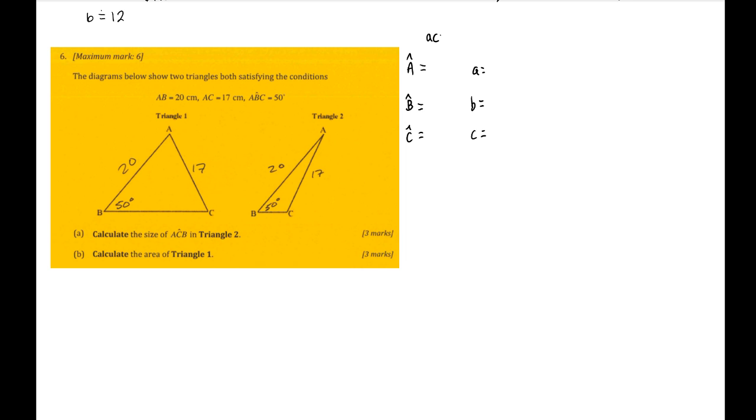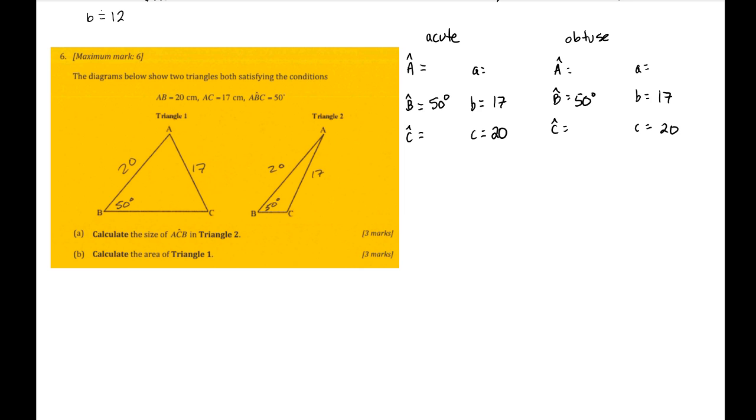For this is the acute one, and this one over here will be the obtuse one. So side length C is 20 for both. That one's fixed. Angle B is 50 degrees. And side length B is 17.